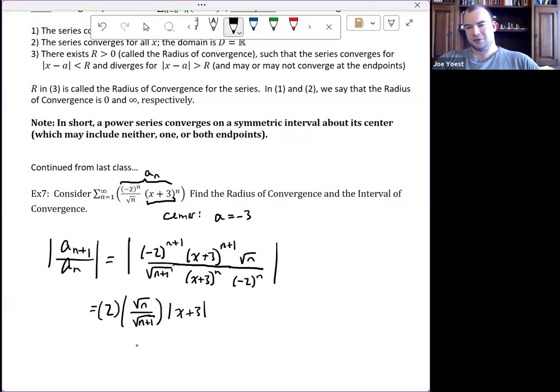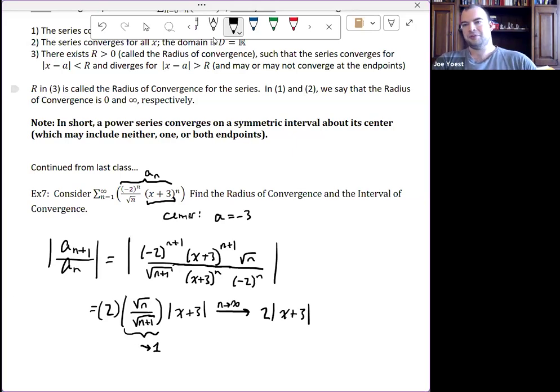And for my ratio test, I want to ask what happens to this as n goes to infinity. Well, this root n over root n plus 1 goes to 1 as n goes to infinity. The 2 and the absolute value of x + 3 don't have any n's left, so I just get 2|x + 3|.